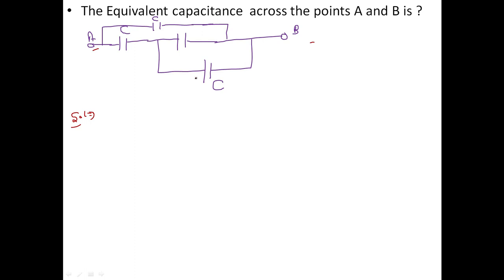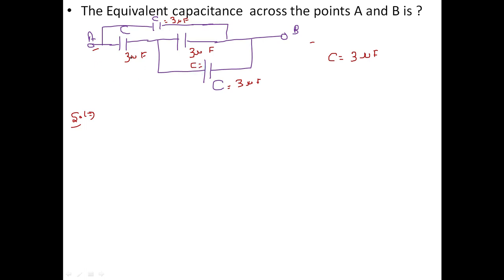We'll consider here the capacitance of each capacitor is given by 3 microfarad. This is 3 microfarad, this one is again 3 microfarad, this one is again 3 microfarad, and this one is also 3 microfarad. What is the equivalent capacitance? We have to calculate it.